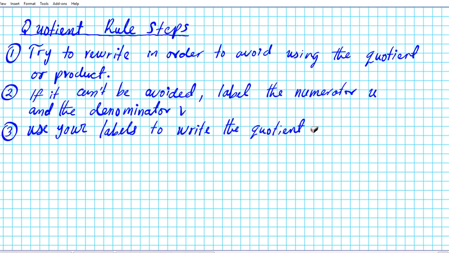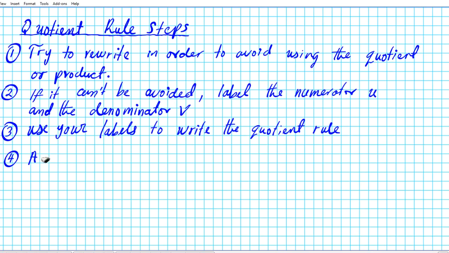So basically, the quotient rule is v u prime minus u v prime over v squared; you use your u and v just as labels to write out that rule first. When you write out that rule, you avoid making mistakes when applying it, as opposed to applying it mentally to the functions in your brain.